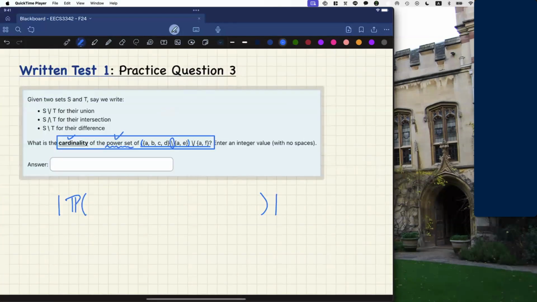So we got A, B, C, D set difference A, E. And do it first, and then after that, you're going to have union, right? I'm just going to put union here, and then AF. Okay? So that's basically what we're computing.